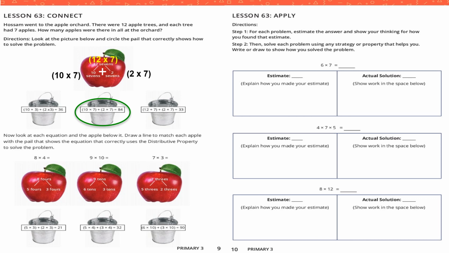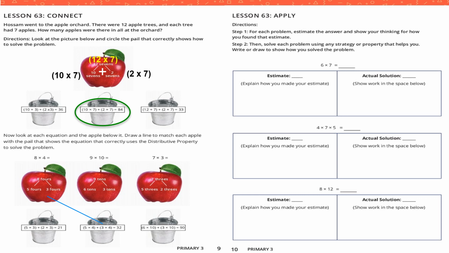Here he distributed 8 fours into 5 fours and 3 fours. 5 fours means 5 times 4. 3 fours means 3 times 4. Which one here gives me the same equations? 5 times 4 and 3 times 4. Yes, it's correct.